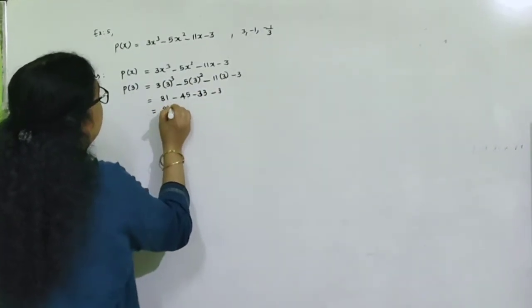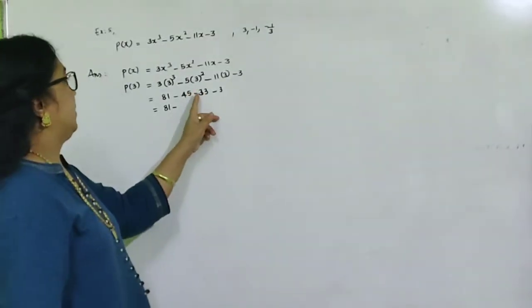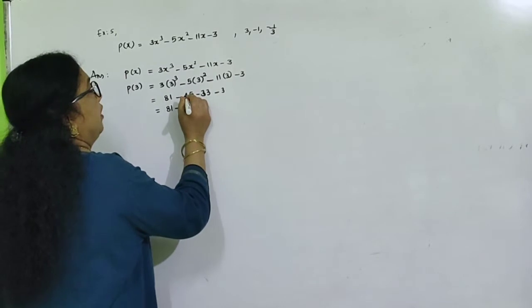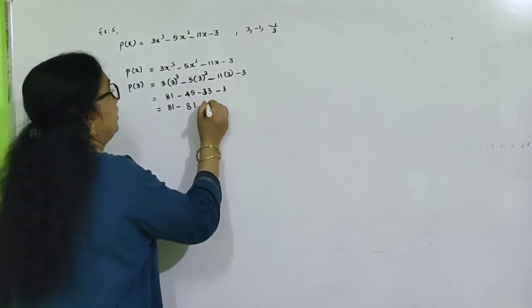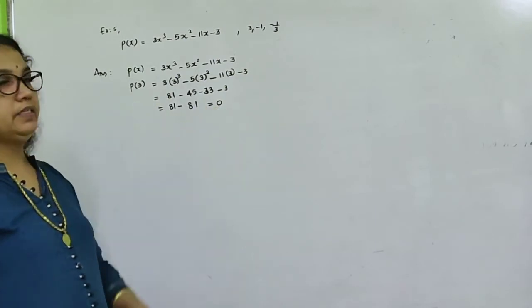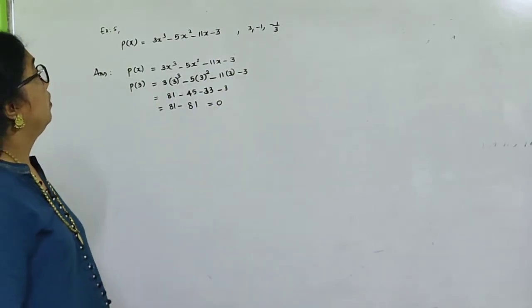So 81 minus 45 minus 33 minus 3, that is 81 minus 81, which is 0. So we proved 3 is a zero of p of x.